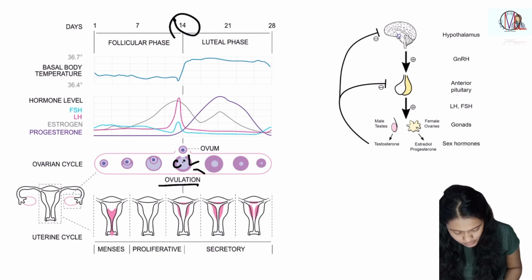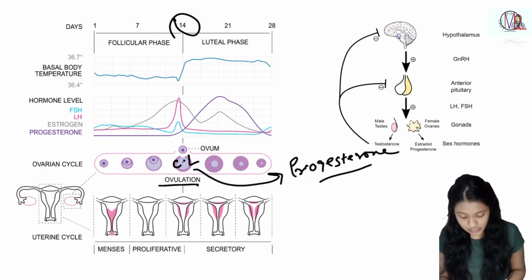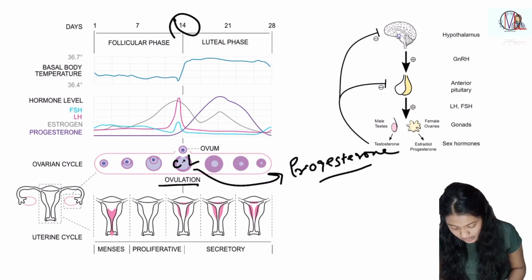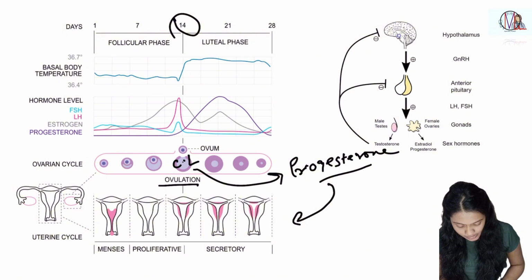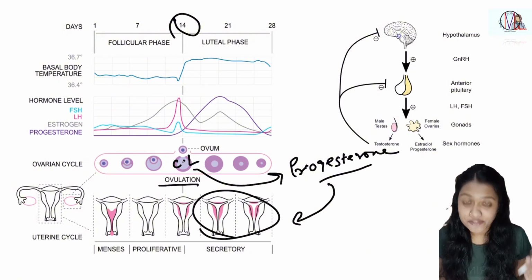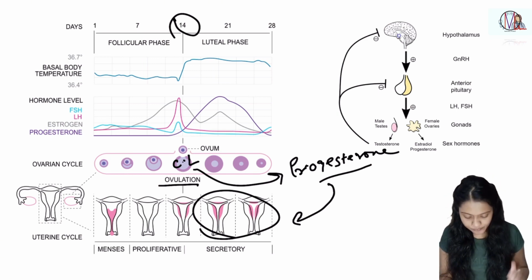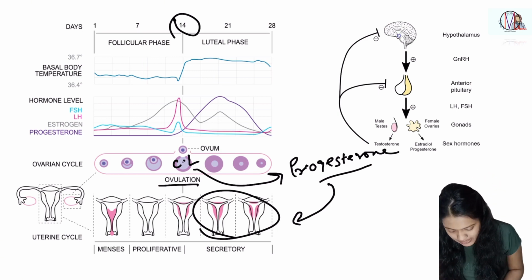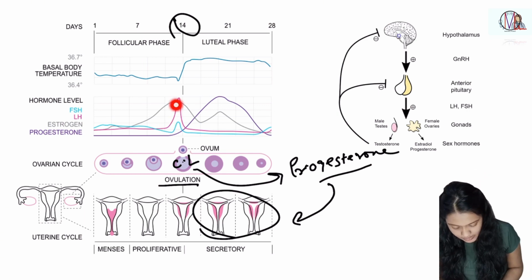This progesterone will act on the endometrial wall and make the endometrial wall secretory. Hence the name secretory phase. This luteal phase is also known as the secretory phase.